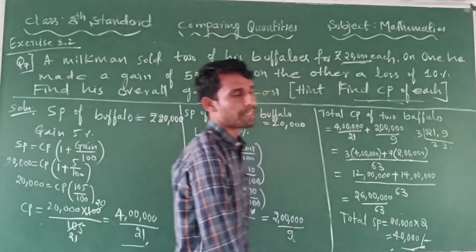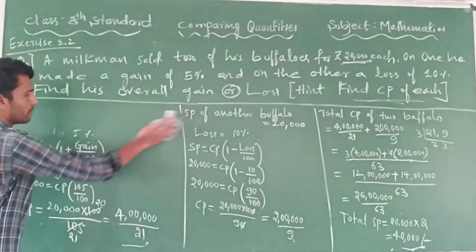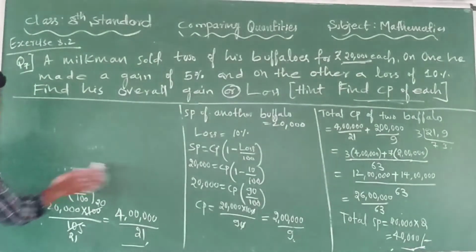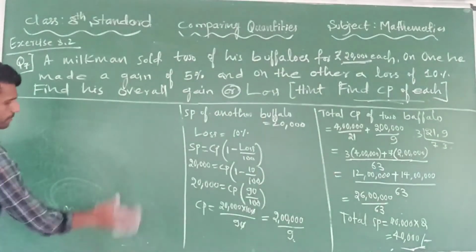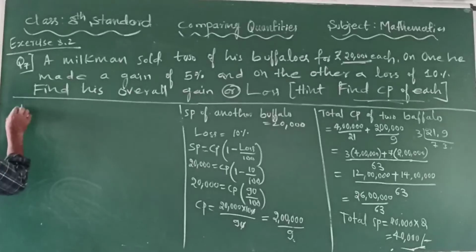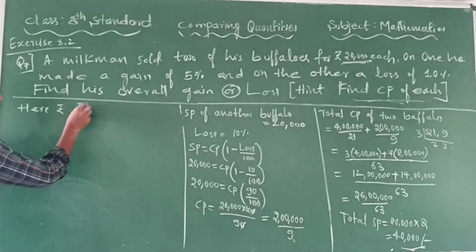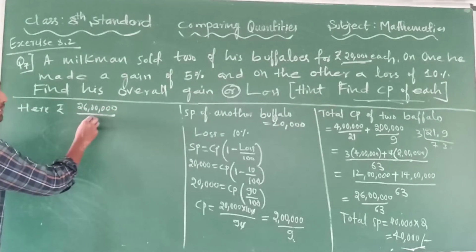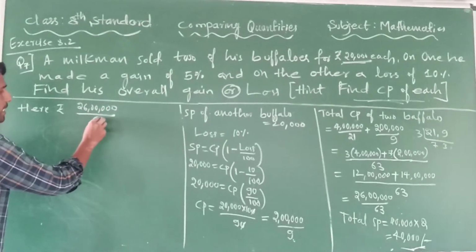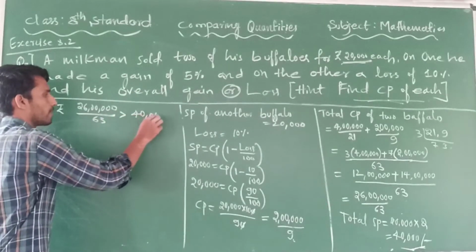Let us see the next step here. The cost price, 26 lakh by 63, is greater than 40,000.